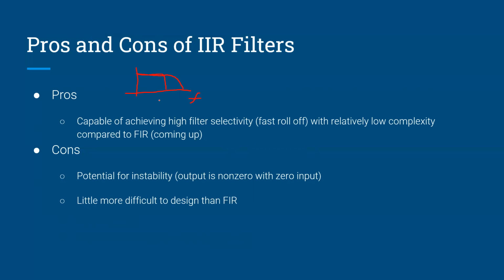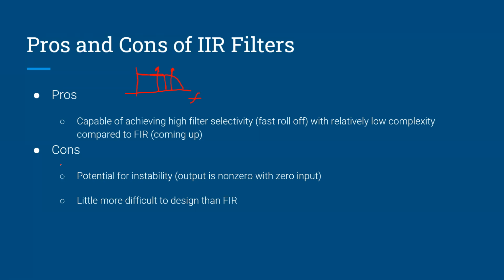And having very sharp transitions can be helpful if your signal of interest is right here, and the thing you're trying to filter out is right here. Clearly, this more gradual filter won't do the trick in getting rid of that second interference.